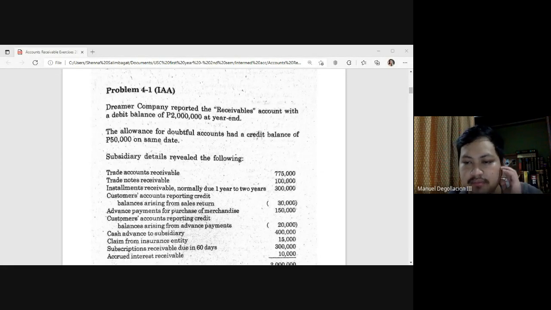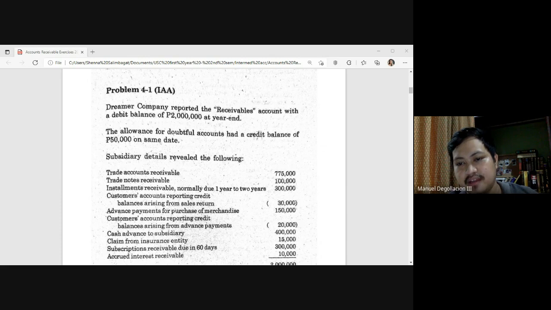Which leads me back to the most important question here: when do you have credit balances in your customer's account? Supposedly, if your customer owes you 1 million and he pays you 1 million, then your entry would be debit cash and credit accounts receivable.